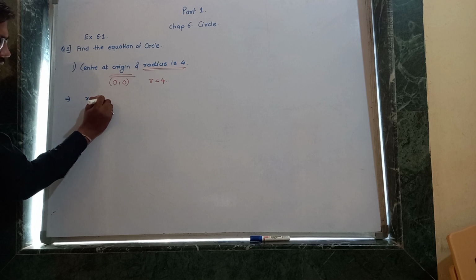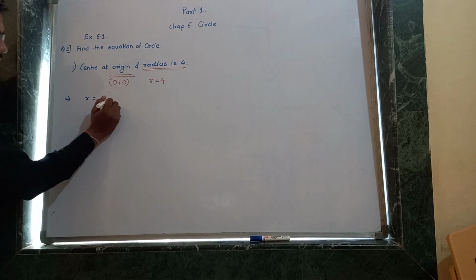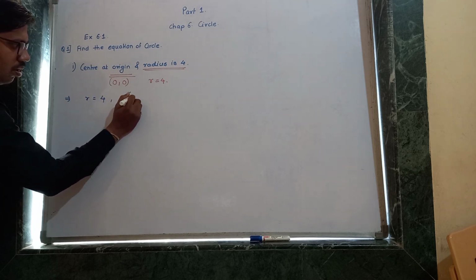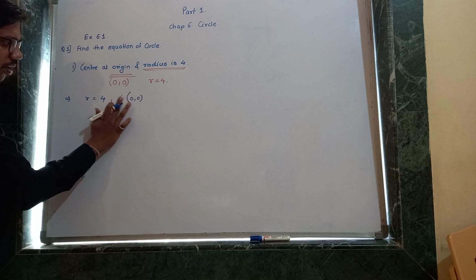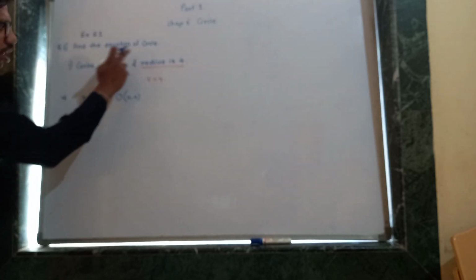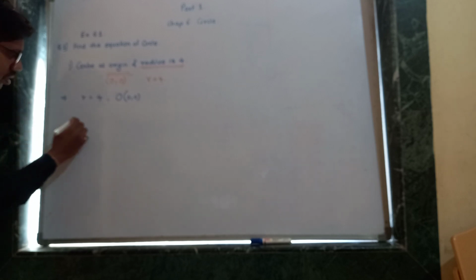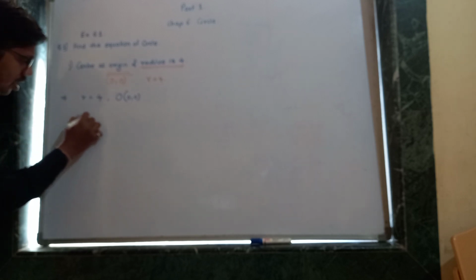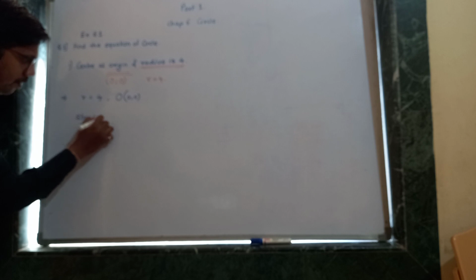I will rewrite again: r = 4 and the center is O(0, 0). So the equation of the circle is given by which form? Standard form. Therefore, I have written standard form.